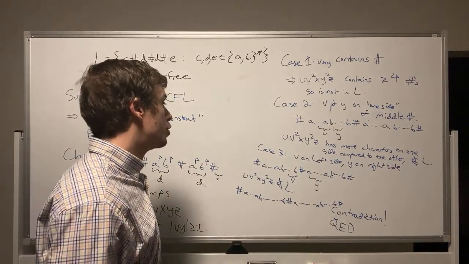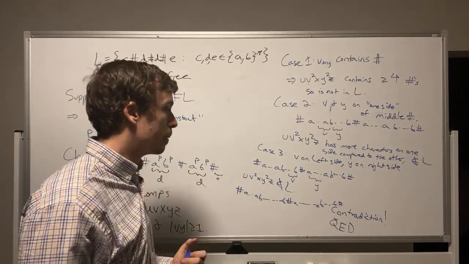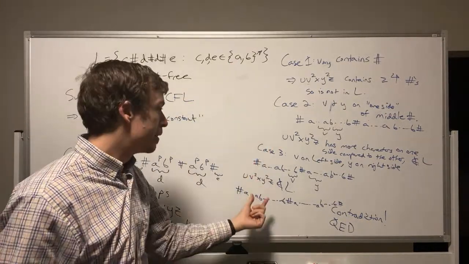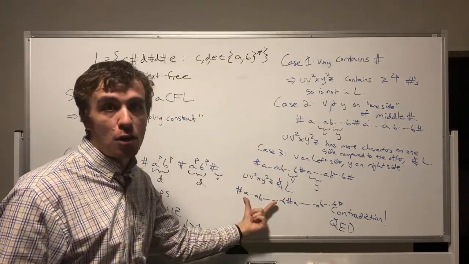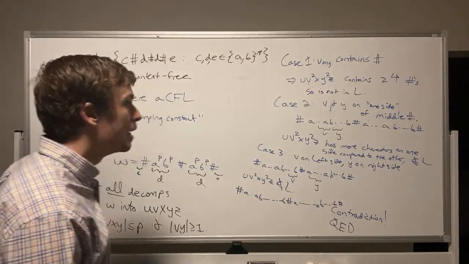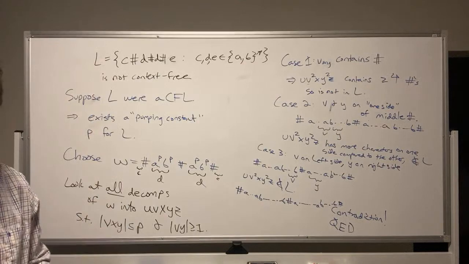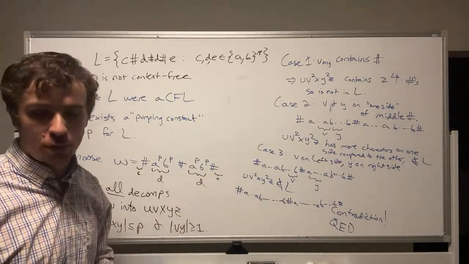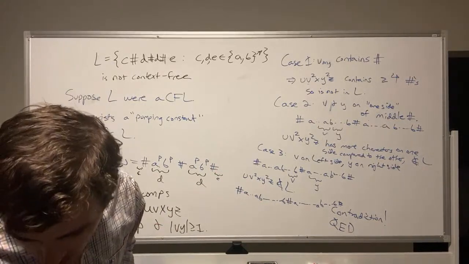So this would be context free if you had one character. But since you have two characters, that allows us to get this final argument in. All right, so that proves that this language is not context free, and answering the original question, is not regular. So therefore we got that.